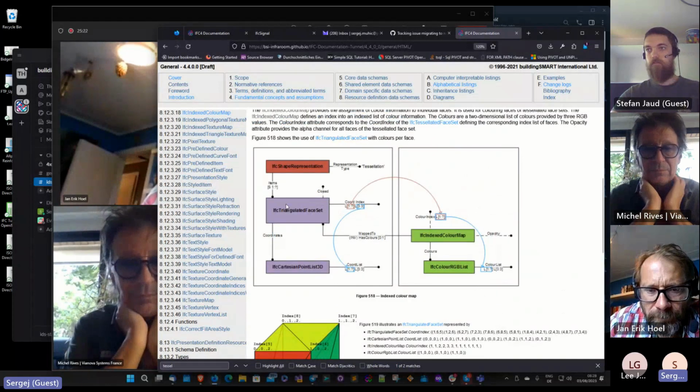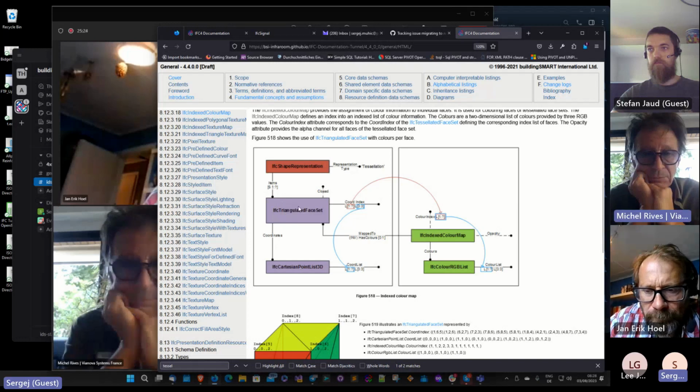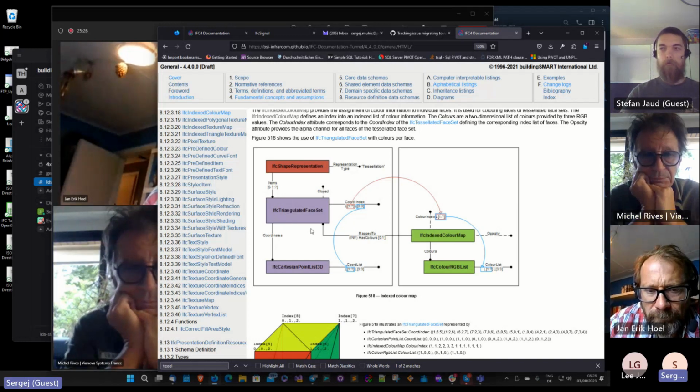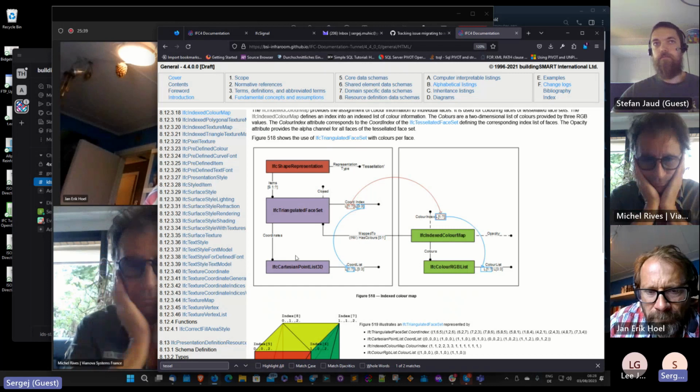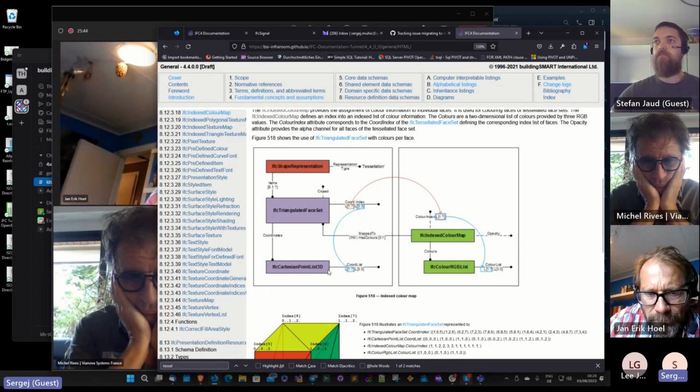If you imagine a triangulated facet, where it has lists of three coordinate indices that point to the Cartesian point list, these already match by index.